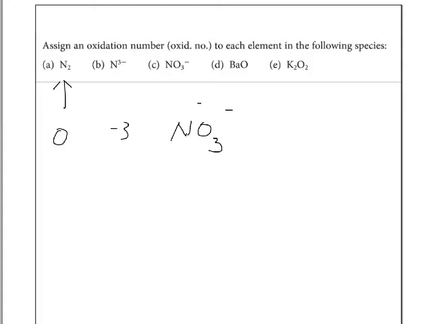So if we have oxygen, which is -2, and we have 3 of those, so we're saying what is nitrogen's charge when you add it to a total of -6, so that you get -1, and that would be +5. For the next one, barium oxide, barium is going to be +2 because it's in the second column, and oxygen is going to be -2.